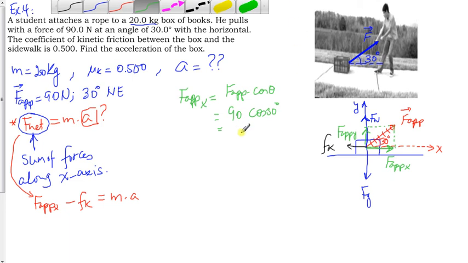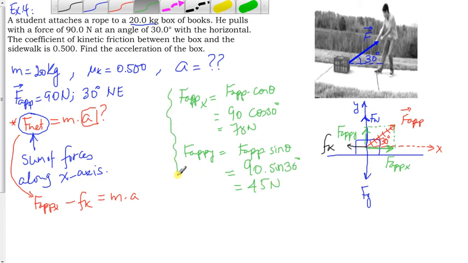It's approximately 78 Newton. F applied y is F applied times sine theta, so 90 sine 30, 45. Okay. So now I have F applied, I have the mass.